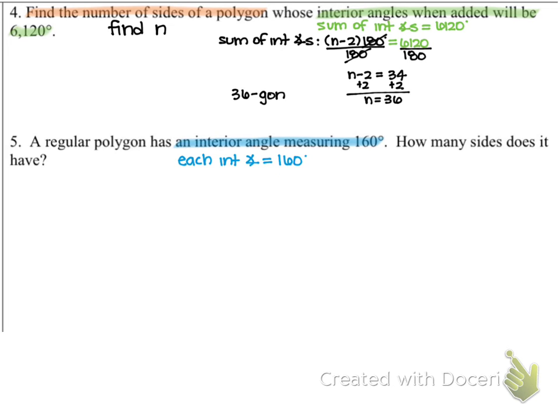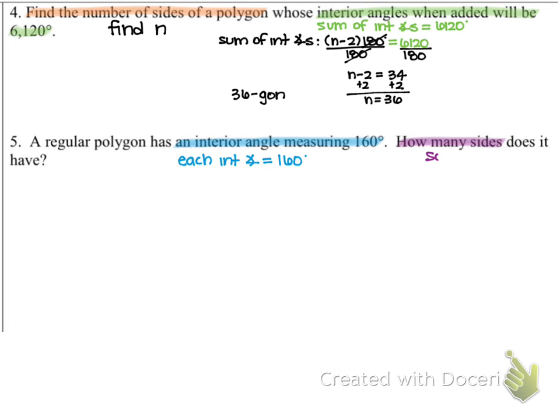Each interior angle, not the sum. Well, it couldn't be the sum anyway. It's got to at least be 180 degrees to be the sum. Each interior angle. How many sides? All right, it looks like we are trying to figure out n. So how many sides does it have?